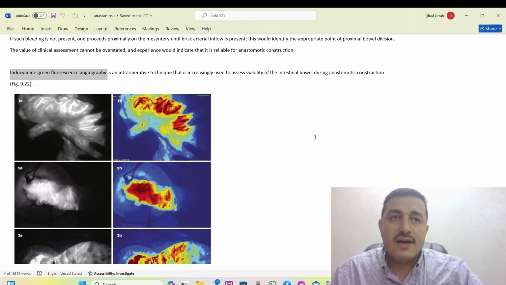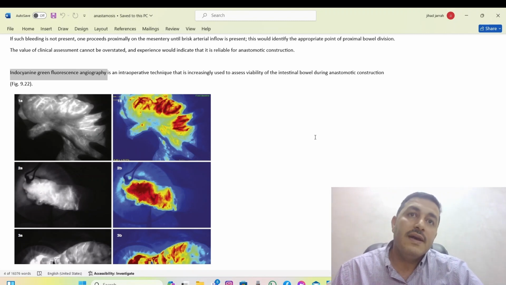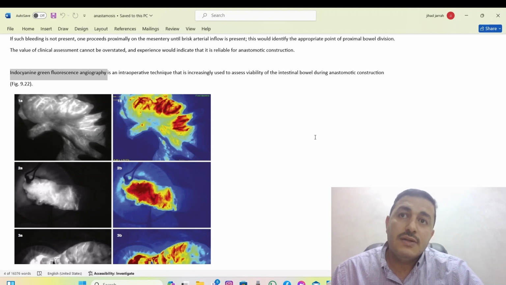So indocyanine green is a material that binds to the intravascular protein and is perfused in the intravascular compartment to the bowel and other structures.